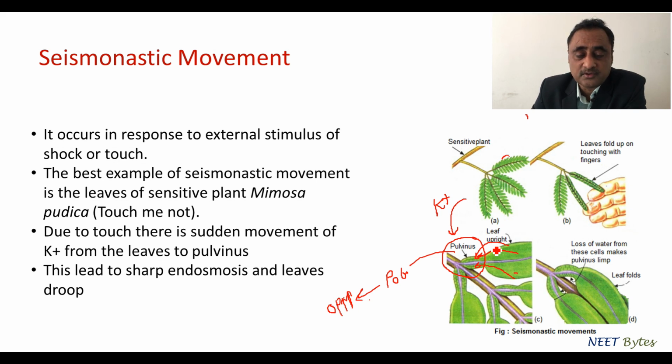As a result, the water from the leaf starts moving to the pulvinus area. Once the water moves, what will happen? The leaves will droop down. So the very reason for the drooping of the leaves is sharp endosmosis, right?